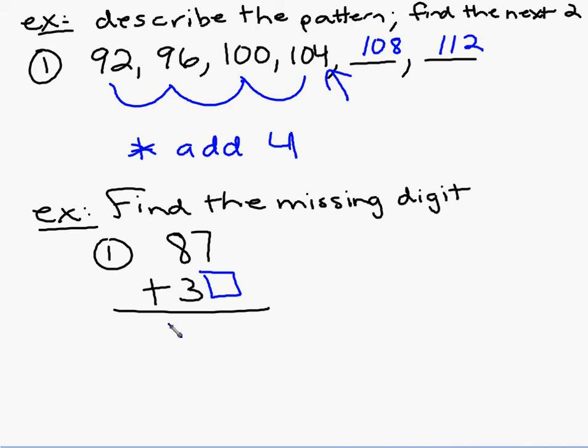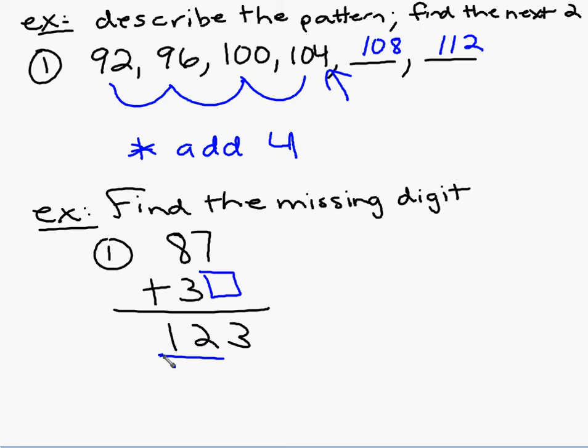And then they give you the answer. Something like that. So you're wanting to find what numbers should go in that box to make this thing true. Kind of working backwards a little bit. So let's think of this. They've got a 12 over here. What's 8 plus 3?